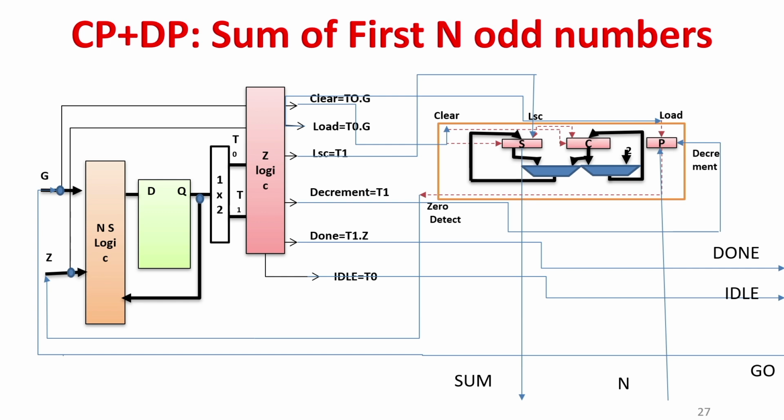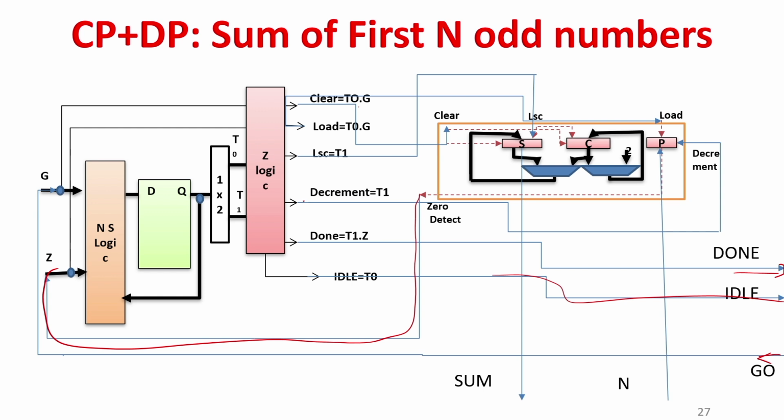Okay, done. So now these things are getting connected. Clear is connected to clear, Z value is connected to Z value, go is coming from outside, done is going outside, idle is going outside. Then decrement: from where are we getting decrement?